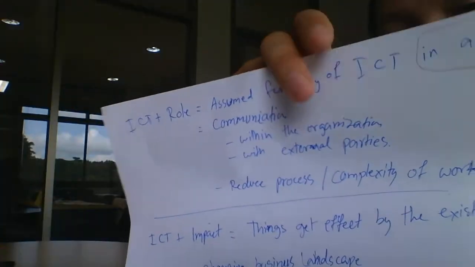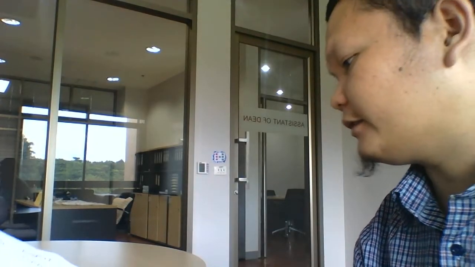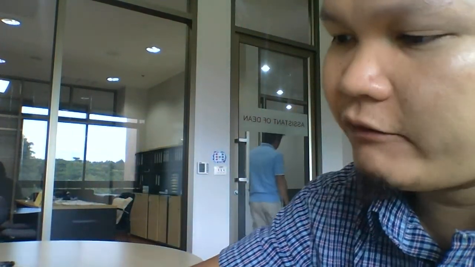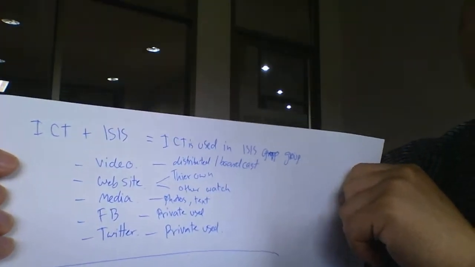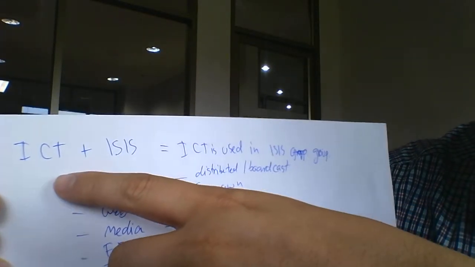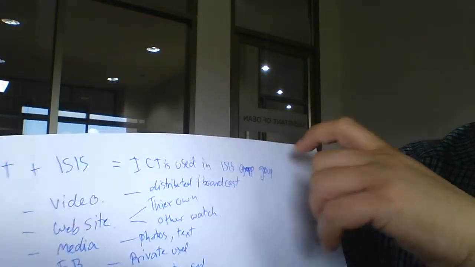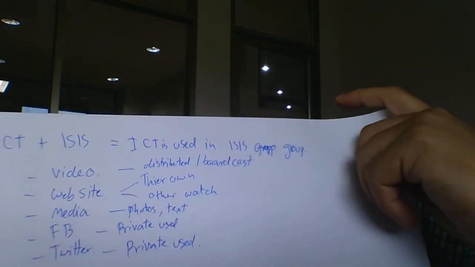Okay, so now we understand the process concept already. Now we jump into the output concept that we want to develop. No, sorry, the third process input is ICT and IC.